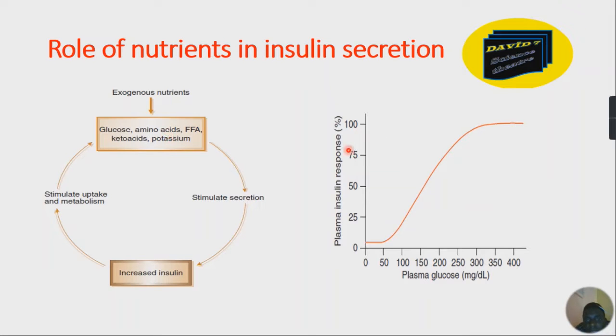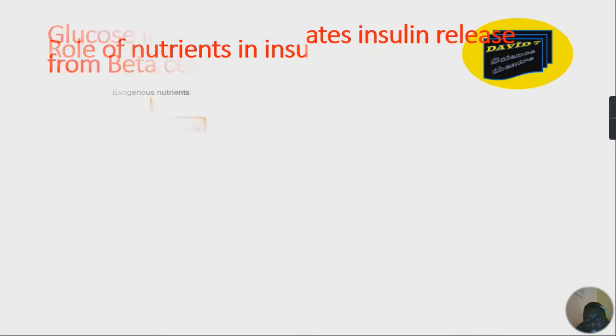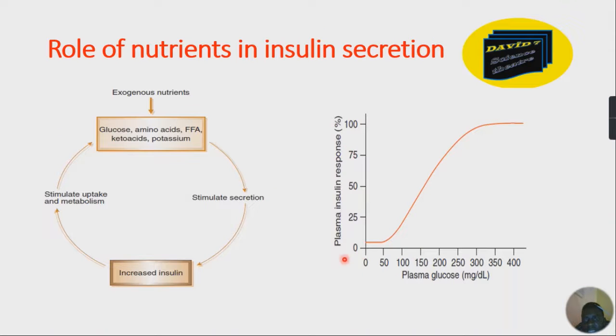Now we have this curve. When you look at this curve, there is plasma glucose and plasma insulin response, showing how release of insulin responds to increasing plasma glucose. From 0 to around 50, below 50, this glucose concentration cannot stimulate any release of insulin.